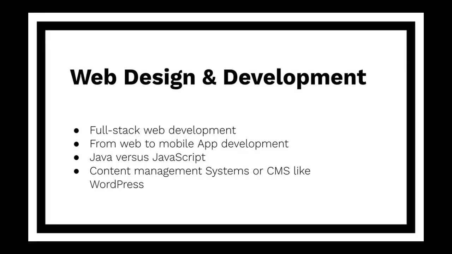All right, one of the terms that you will hear is full stack web development, and I mentioned earlier that I'm a full stack web developer at Indicate Digital. So what does full stack mean? Full stack is a stack of technologies that is used to perform a particular task.